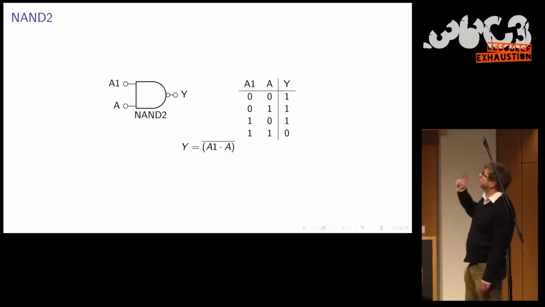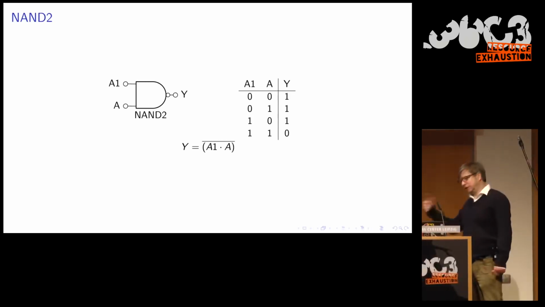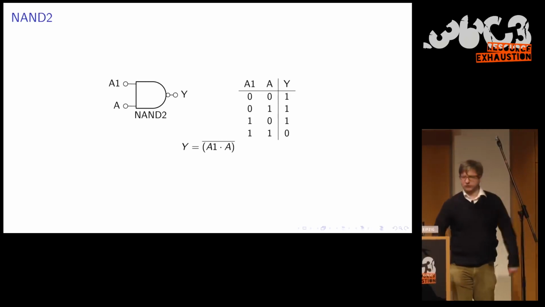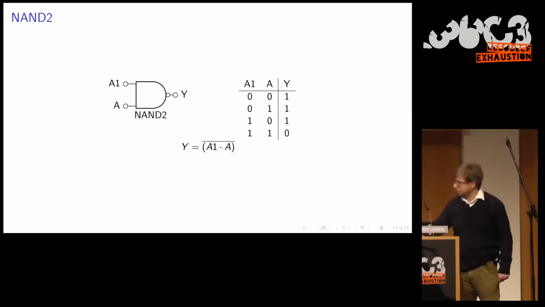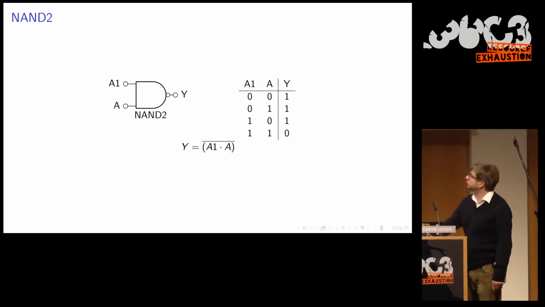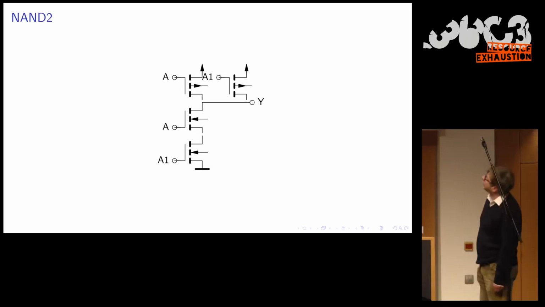So as long as both inputs are not 1, the output is 1. Only when both inputs turn on, then it goes to 0. So that's the inverted AND function. On the bottom you can see the formula in the typical notation which is usually used. And that's how it looks.